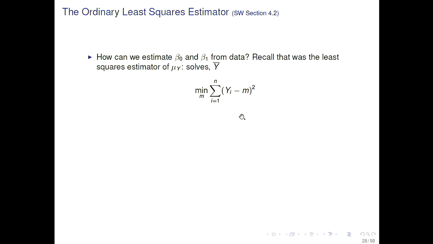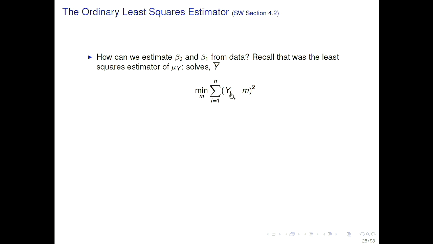The way we are doing this is very similar to solving this minimization problem. Refresh your memory about what we discussed last time. We are using sample mean because sample mean solves this optimization problem. We choose one number that explains the sample the best.